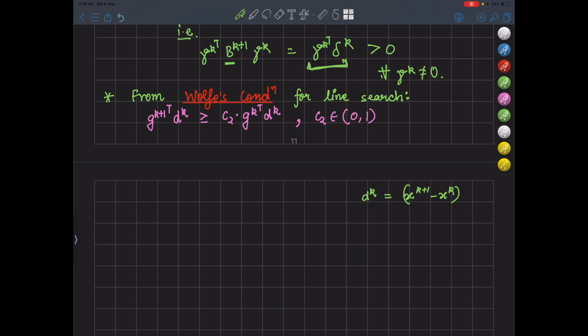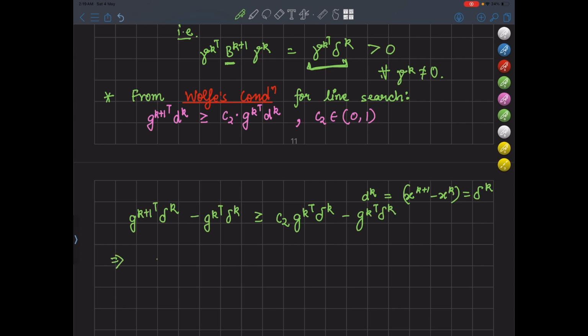So dk is actually equal to delta k. So if I subtract gk transpose dk from both sides, that is gk plus 1 transpose delta k minus gk transpose delta k, that is c2 gk transpose delta k minus gk transpose delta k.